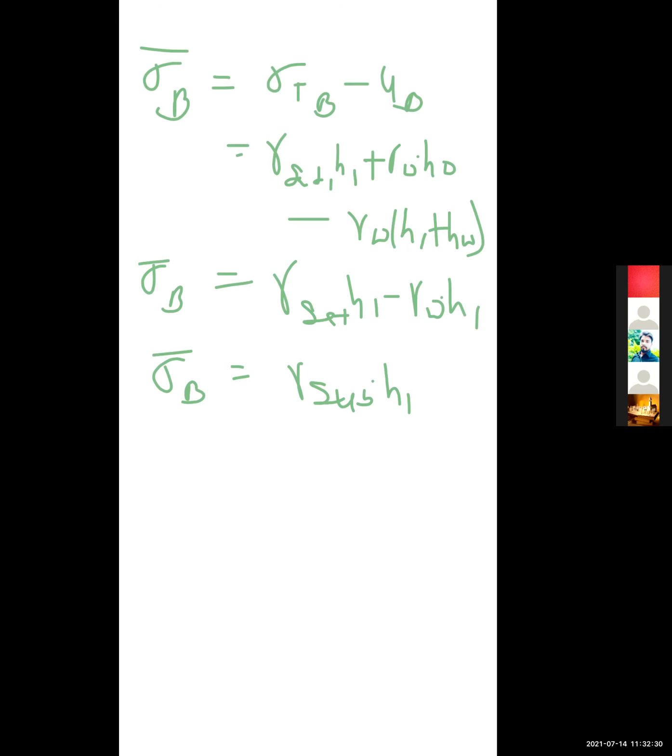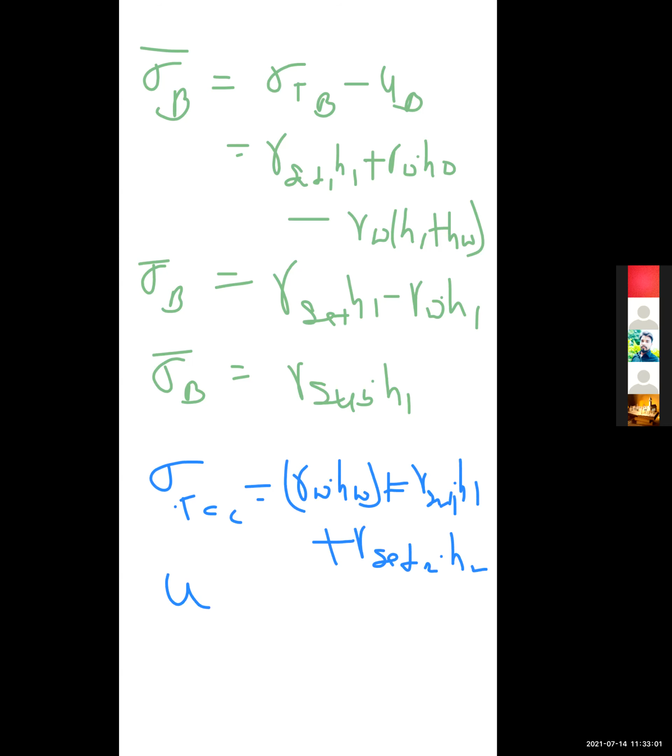This is clear to everyone? Yes, ma'am. Okay. Similarly, we can write total stress at C. Total stress at C is gamma W into HW plus gamma sat 1 into H1 plus gamma sat 2 into H2.